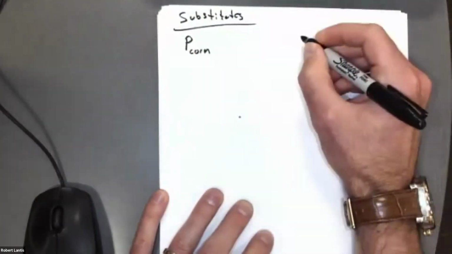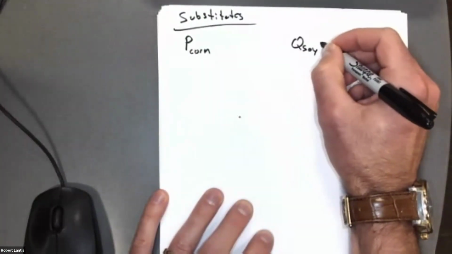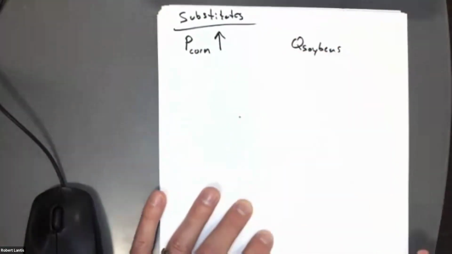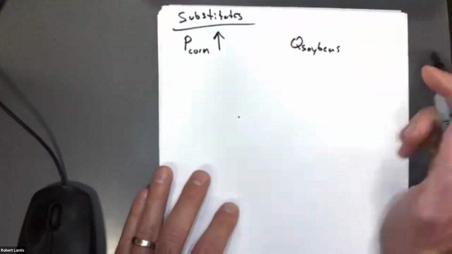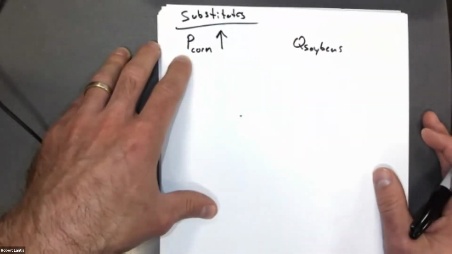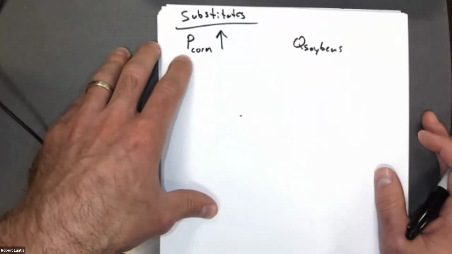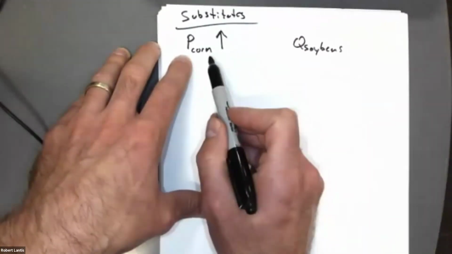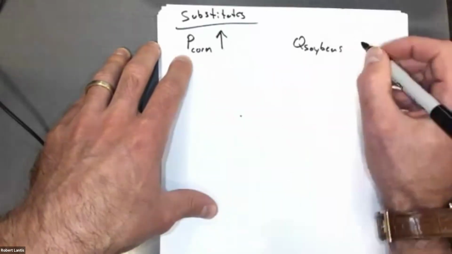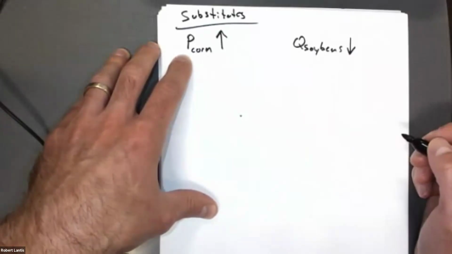I can either plant corn or I can plant soybeans, right? If for whatever reason the price of corn skyrockets, and I'm making a decision about what I want to plant this year, what am I going to be more likely to want to plant? Corn is a higher price and I'm selling it. I'm going to increase how much corn I choose to plant in my field, but not plant soybeans.